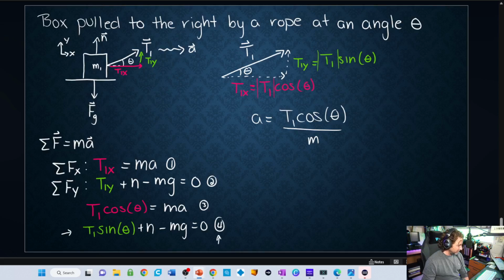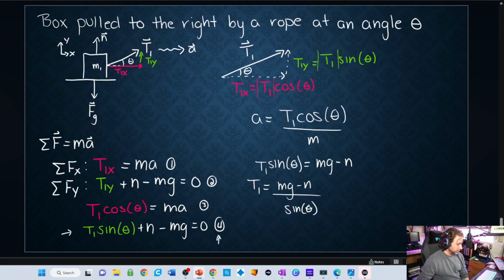So let's see, T1. Let's add everything over so you get T1 sine theta is equal to mg minus the normal force. So T1 is going to equal mg minus the normal force, all over sine theta.